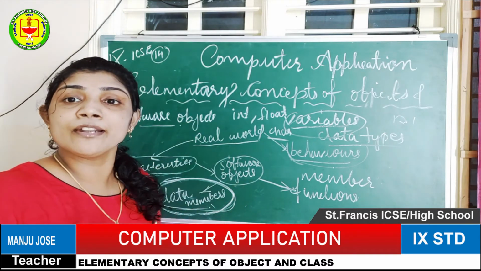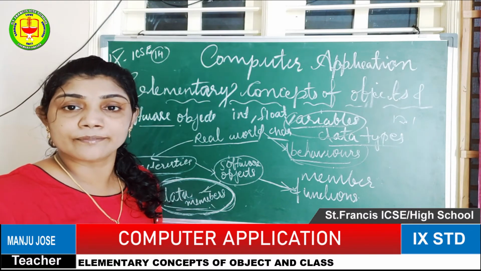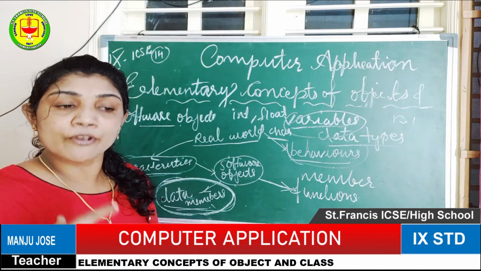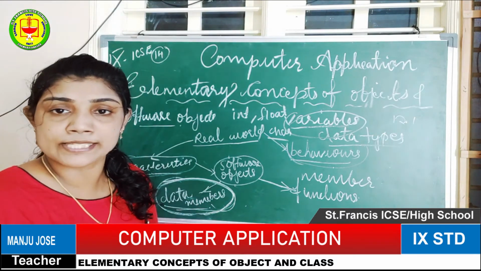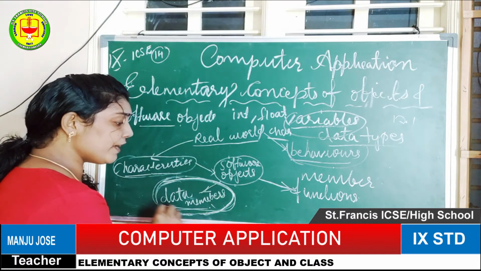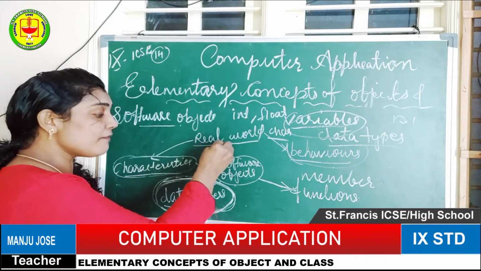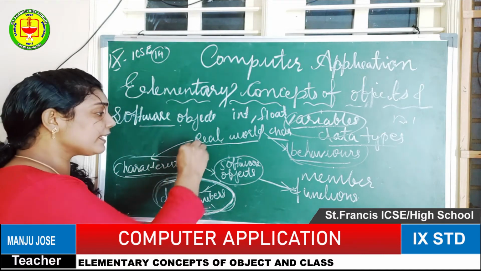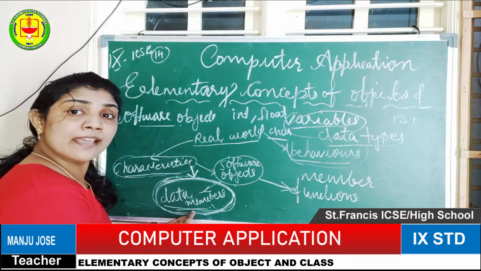Through the variable only we get the value. For any execution or processing, we depend on variables. So this number of variables is called data members, or in the real world it is called characteristics. In the real world object, these characteristics will be converted into data members.